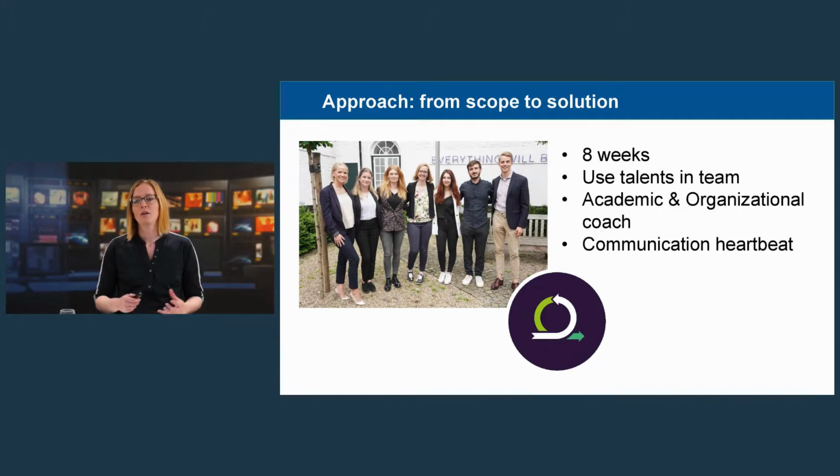And of course they also got support from both the University of Maastricht as well as Capgemini Academy as a client for them. So the academic coach supported them in their research purposes, and I supported them in their feasibility and also in getting the client's needs reflected in the end solution.